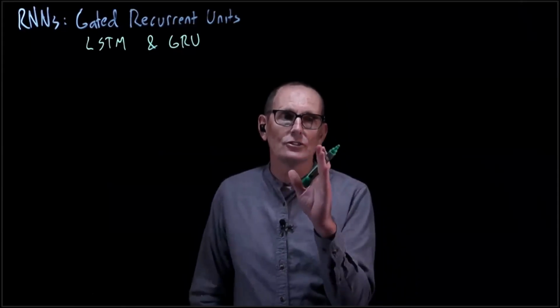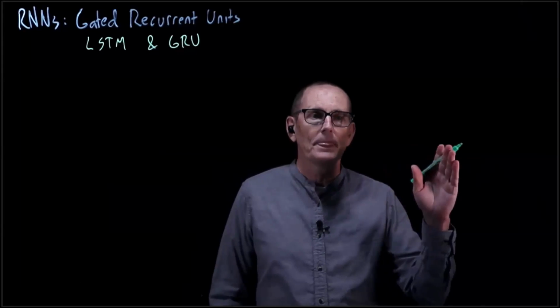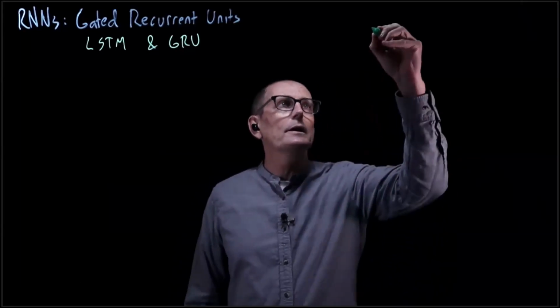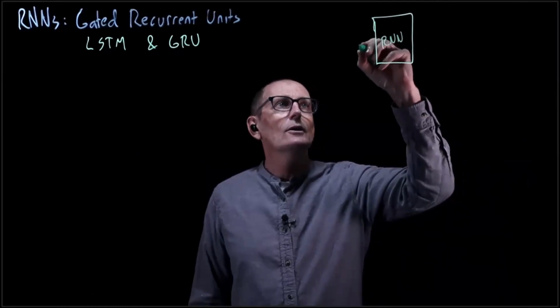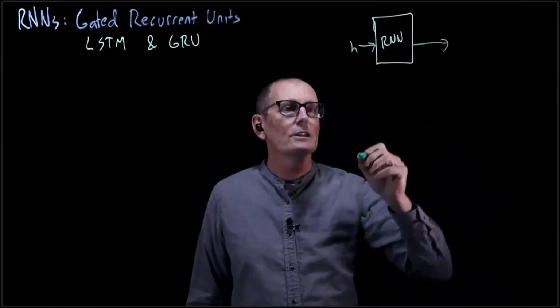Okay, so the idea is that we want to add long-term memory. We want to add some way of easily just storing information in an RNN that will maintain over time. If you think about an RNN, we've got H coming in, it gets manipulated, we've got H coming out.